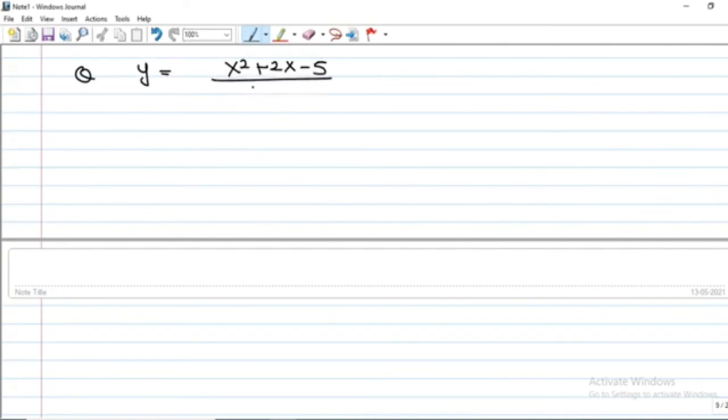approach towards it. This question is (x^2+2x-5) the whole upon (x-4)^3. Now, the ways through which you can solve it: you can do the expansion of (x-4) cubed, and then you will come to know that the degree of the numerator is smaller than the degree of the denominator, so it is a proper rational expression.